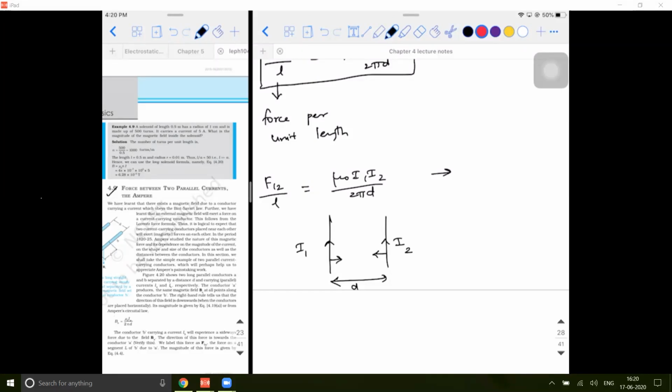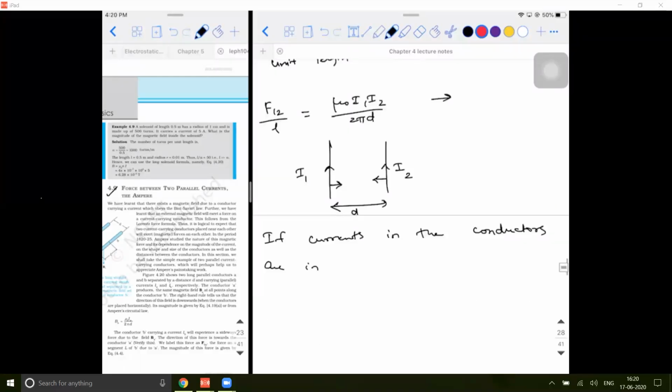Are they tending to get attracted or repelled? Attracted. So the conclusion is, if currents in the conductors are in the same direction, they attract each other.